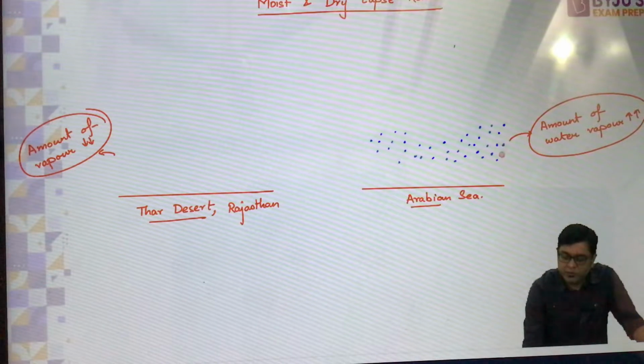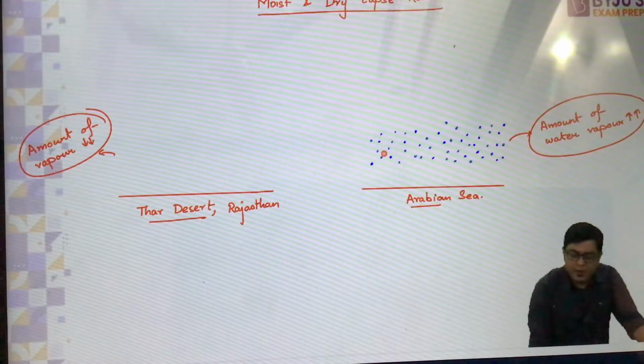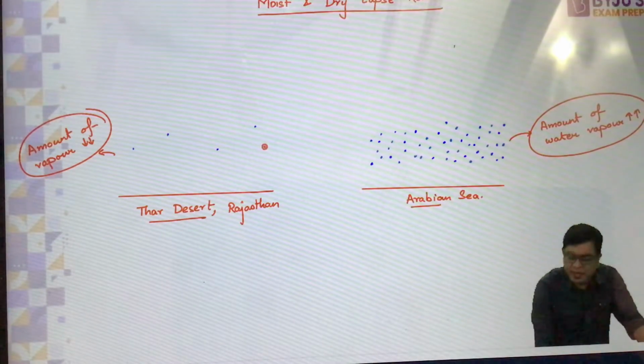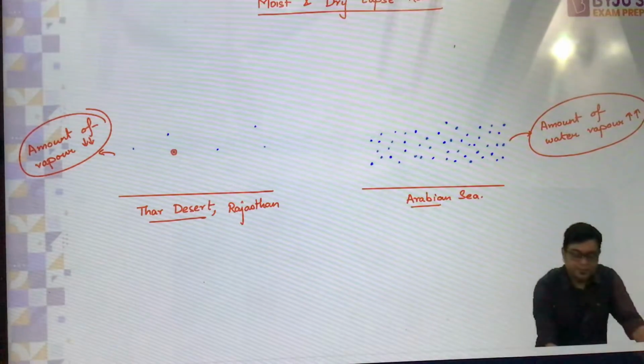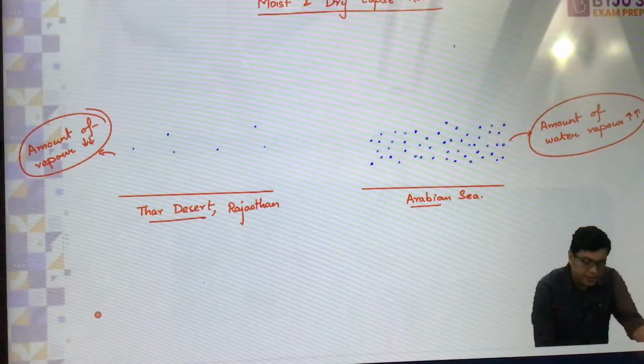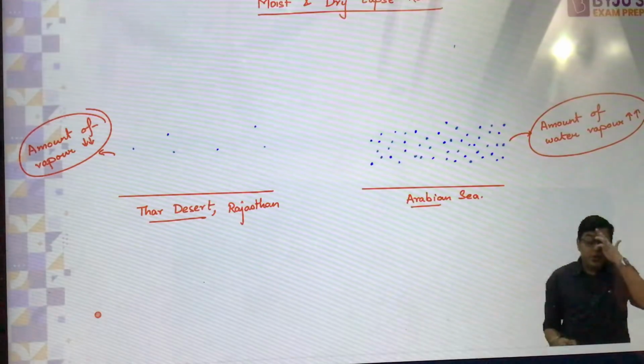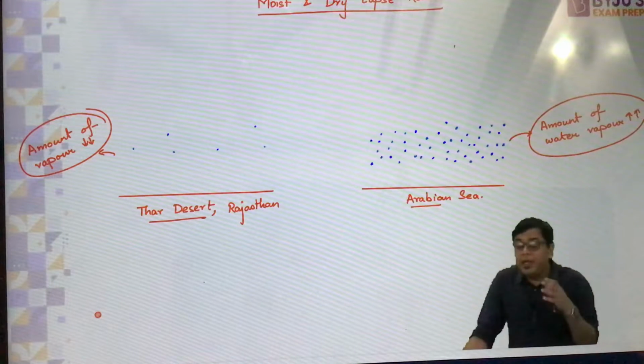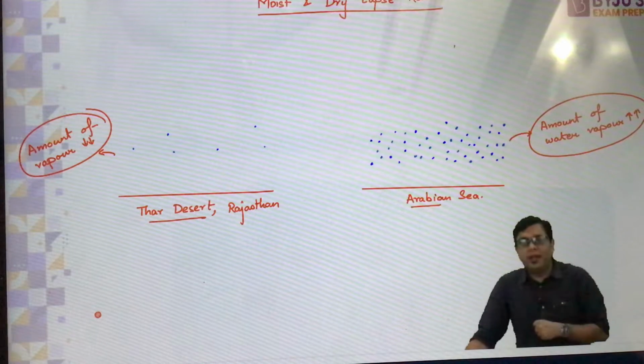As of now, just look at this basic. You have enough water vapor here. Here you have very little water vapor because it is very, very dry.